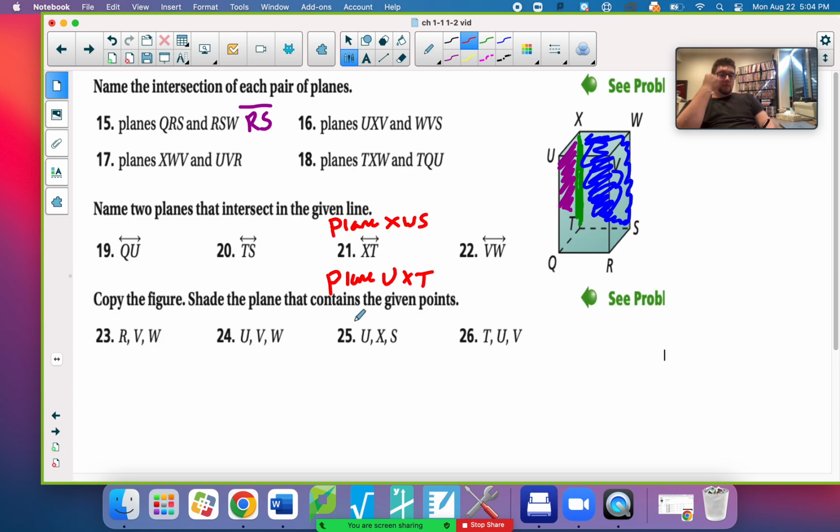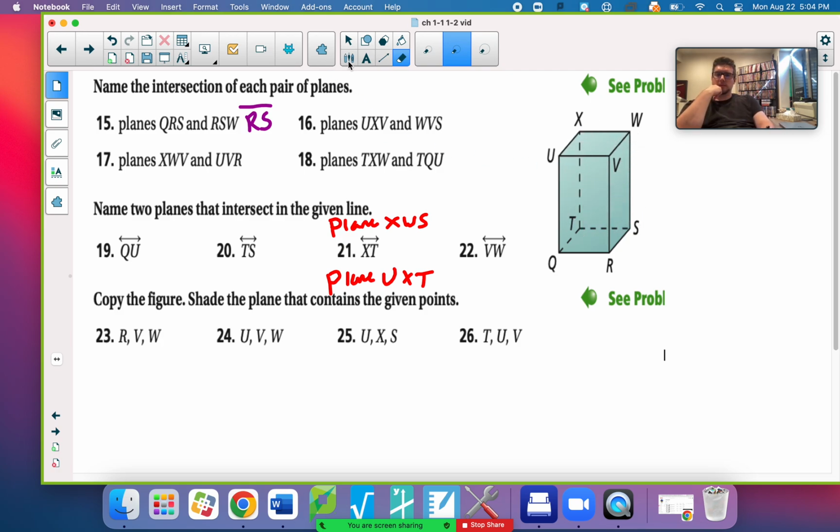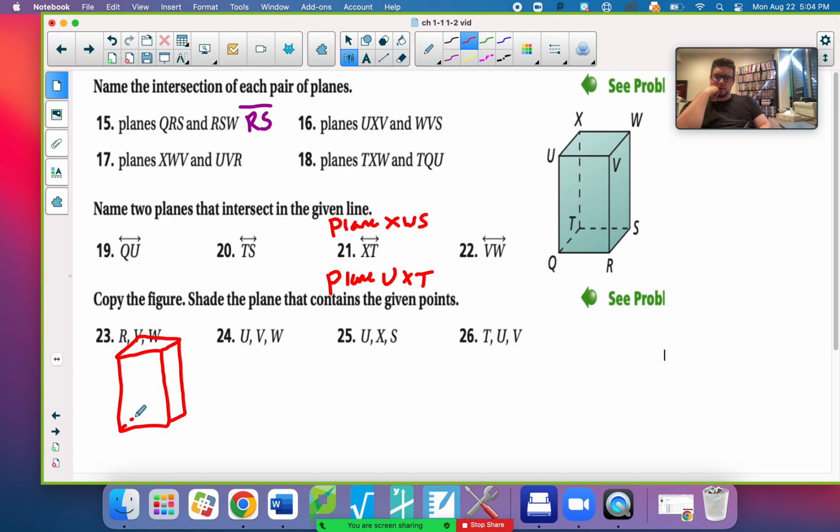23, 24, 25, and 26 want us to shade where in this box do we find these individual planes. So let's look at like RVW right here. I'm going to redraw my prism right here.